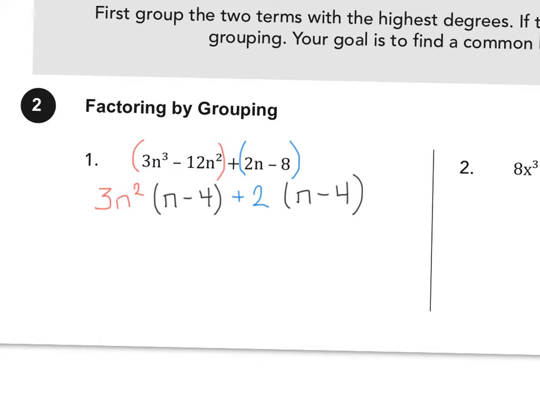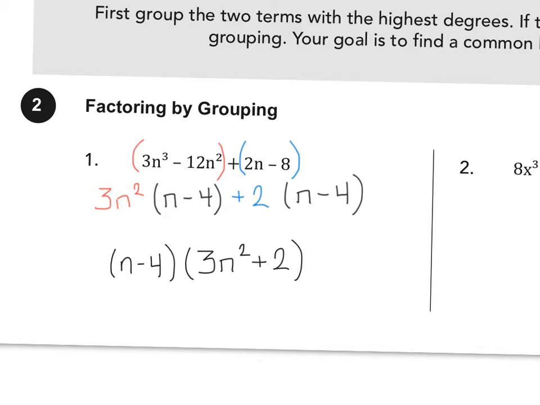Once you know that you have 2 of the same factors, you can write your final expression. For this, we have our common factor of n minus 4 multiplied by our other terms, or other GCFs, 3n squared plus 2. And that's it.